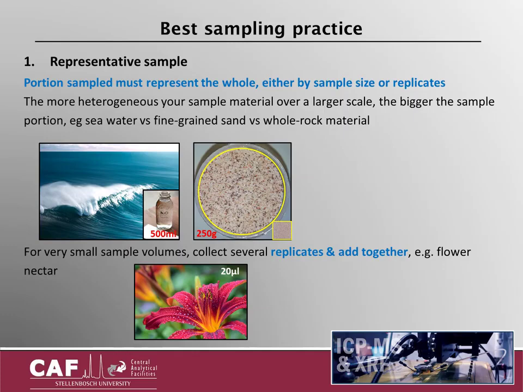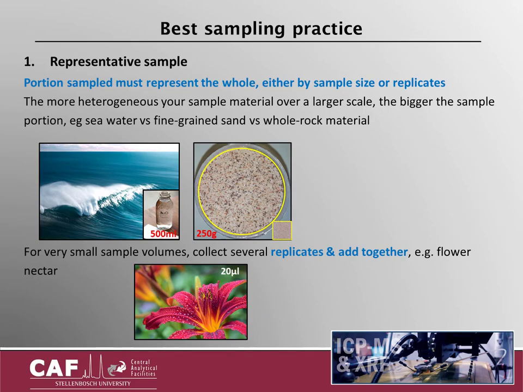While if you are looking at the whole rock chemistry of some stratigraphic layer or a granite intrusion, you have to take a much bigger sample because grain sizes are much different in this sample. You could have some minerals a couple of centimeters big compared to a few microns of other minerals.